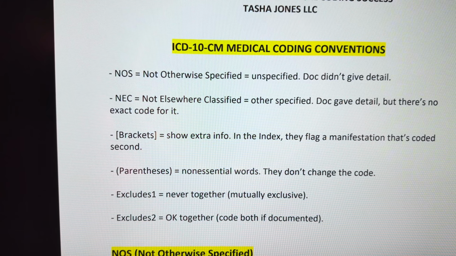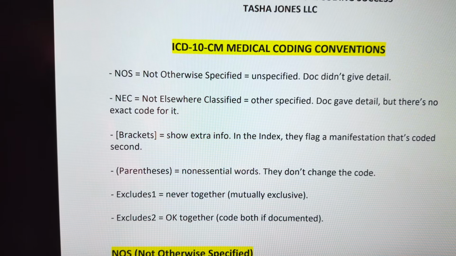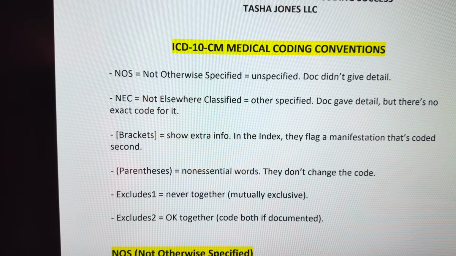So if the conventions tell you or instruct you to do something, follow them before the guideline, all right? So in other words, I just want you guys to hone in on this so you know why it's important to pay attention to your conventions. Conventions tell you how to read the ICD-10-CM, while the guidelines tell you how to use it correctly when coding a patient record. And we'll get into examples later on.